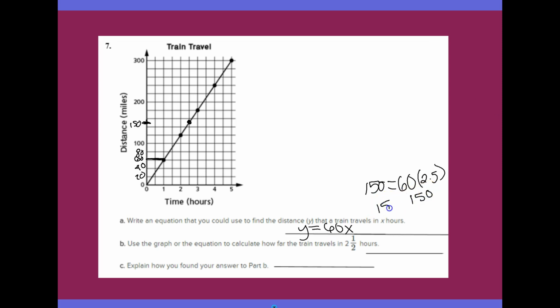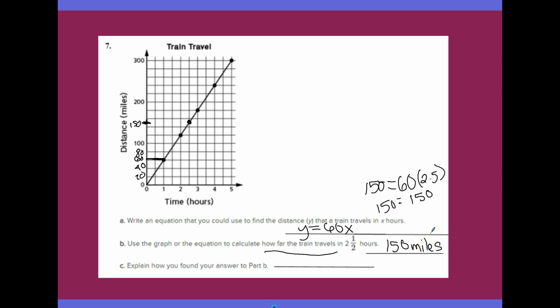Okay, so if I have 150 equals 150, then I know I'm correct that the train will travel 150 miles in 2.5 hours, because they wanted to know how far the train travels in 2.5 hours. So I have 150 miles.